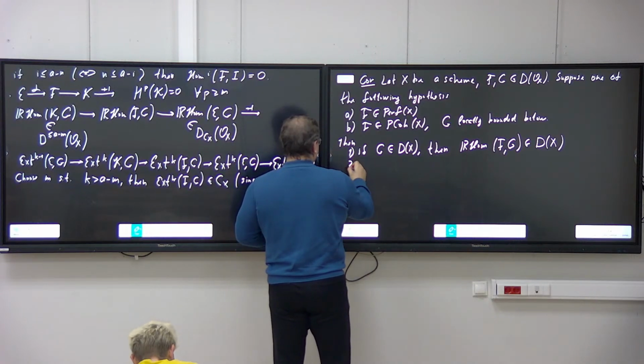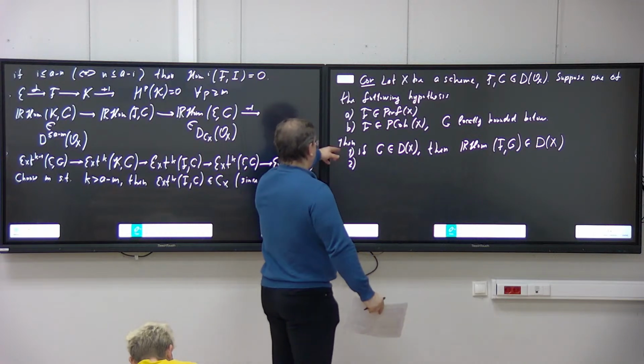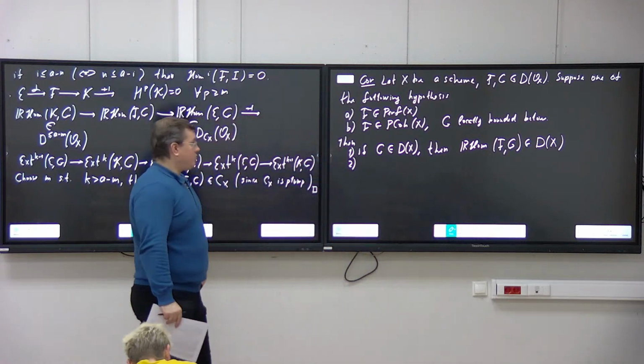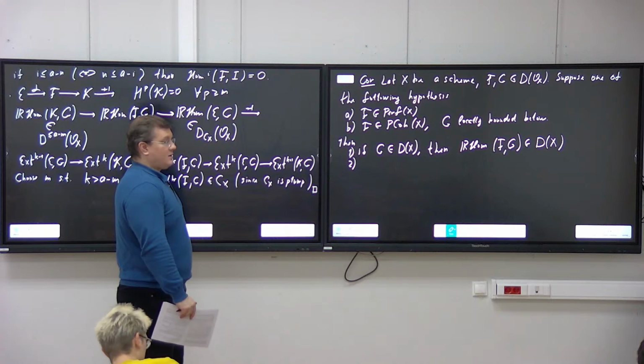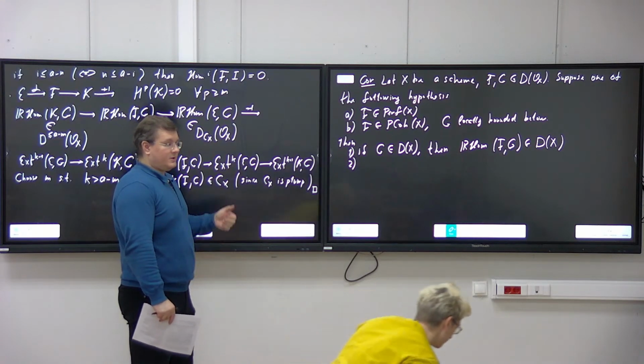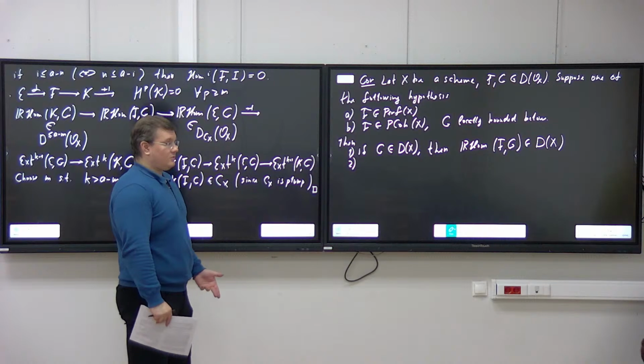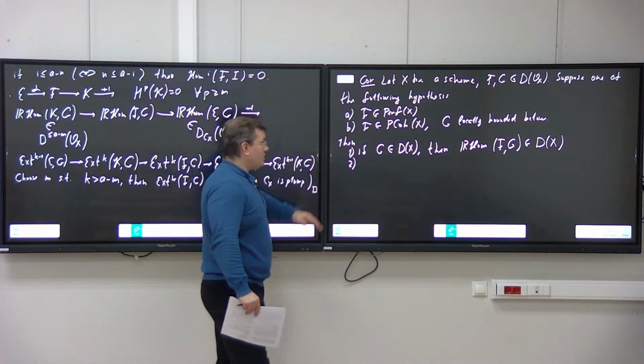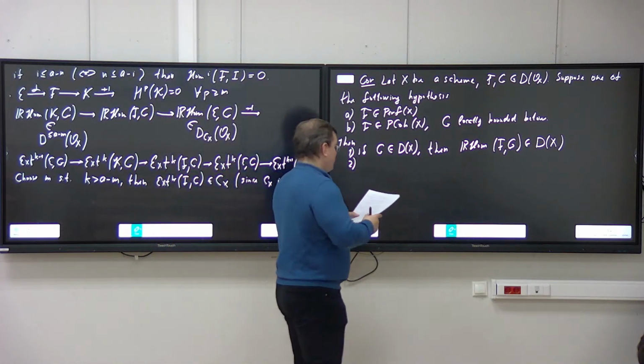And the second statement, so how can you derive, for example, 1? Well, you just take the property P to be quasi-coherent. You check that this satisfies the 3 conditions in the previous proposition, which is easy, and then you immediately get 1. For 2, you take the property of being coherent.